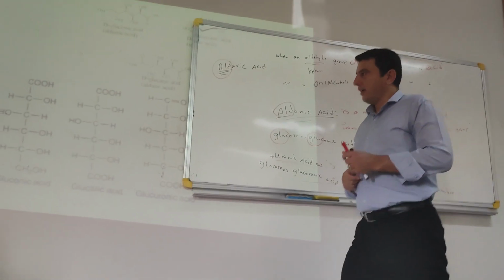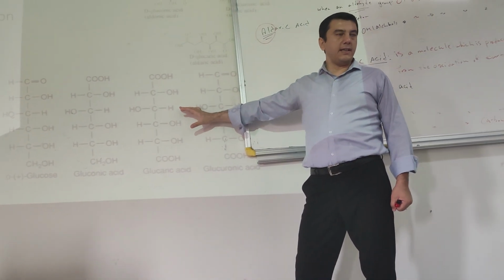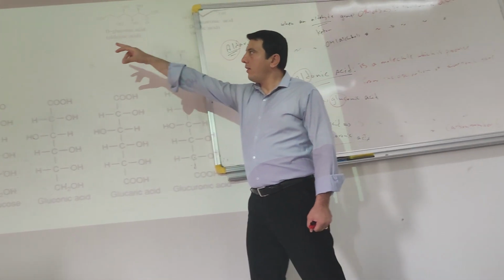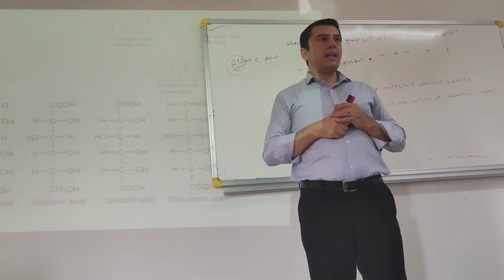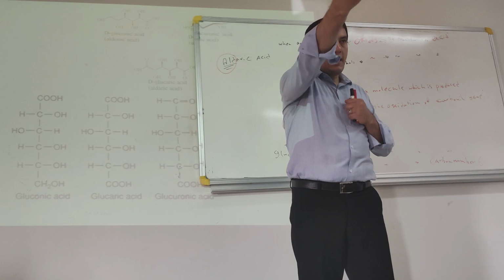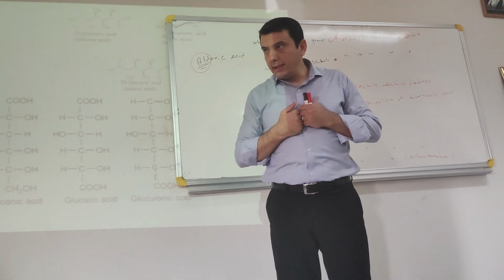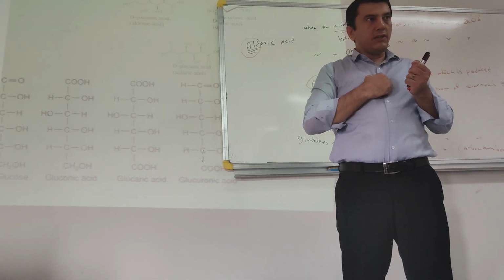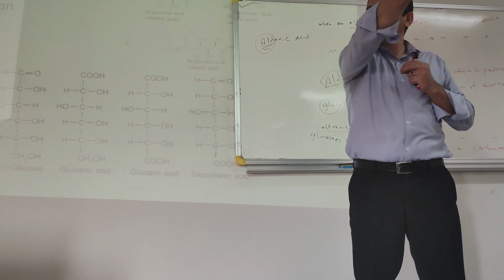Well, the first type of monosaccharide chemical reactions is oxidation. Oxidation means a molecule gains oxygen, loses hydrogen, or loses electrons.